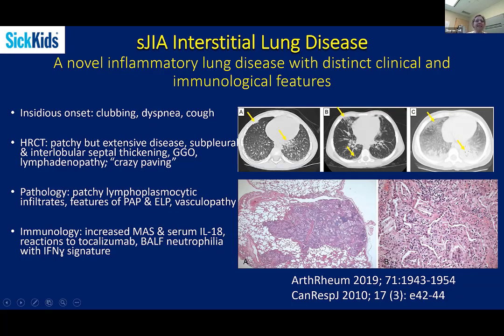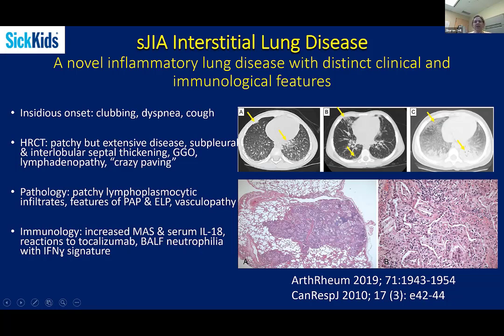On high-res CT, they often have patchy but extensive disease with subpleural and interlobular septal thickening, lots of ground glass opacifications, and they may have a picture that looks like PAP with crazy paving. If you do a lung biopsy, they have features of pulmonary alveolar proteinosis plus an ELP-like picture, so it's really a mixed picture on pathology.